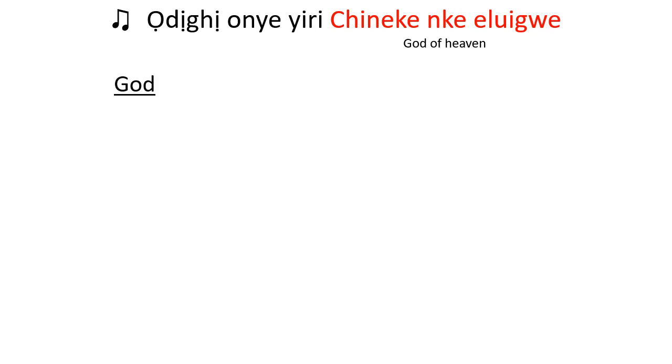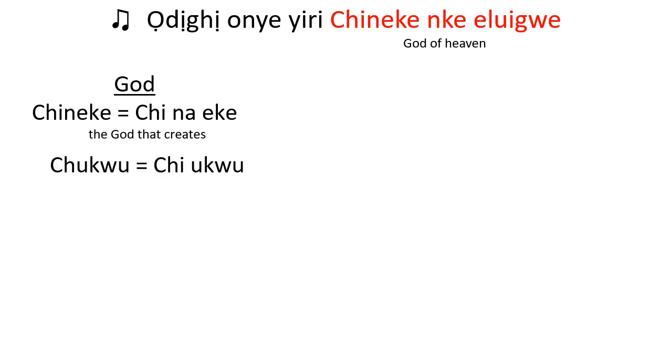The word for God, Chineke, comes from the phrase Chi na eke, the God that creates. Chi na eke, Chineke. Another word for God is Chukwu, which comes from the phrase Chi ukwu, the big God or the great God. Chi ukwu, Chukwu.